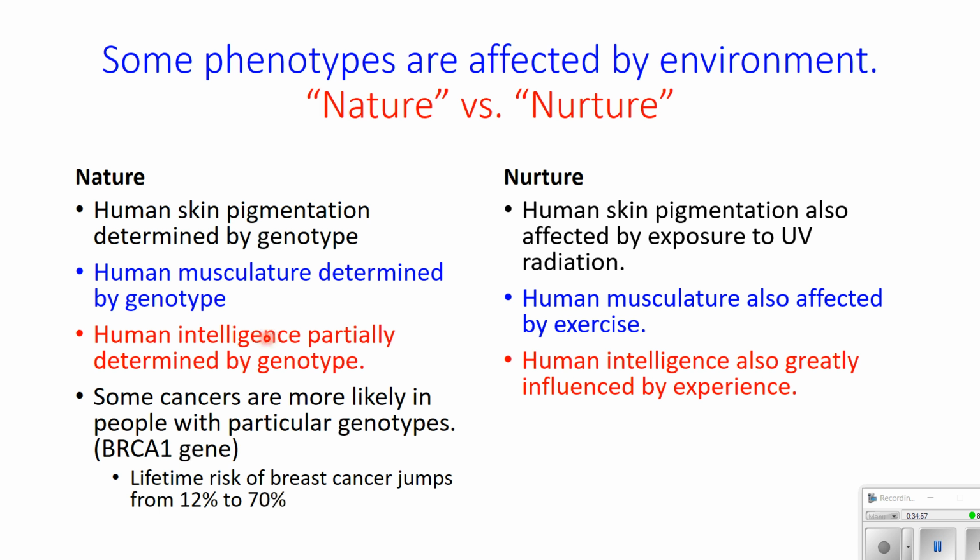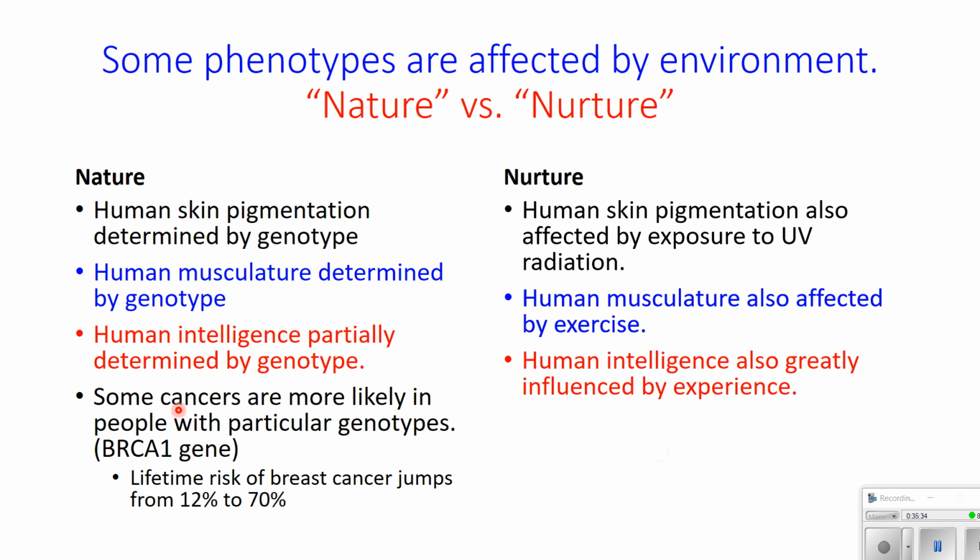However, we also know that human intelligence is greatly impacted by experience, especially early life experience, things like parents reading to their children, parents communicating, talking, stimulating their children by interacting with them. That helps the brain develop. And so intelligence is partly determined by your genes. It is also greatly affected by the learning experiences that you have early in life.